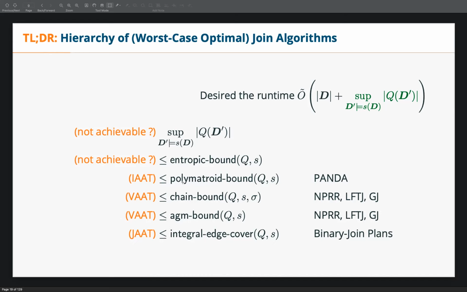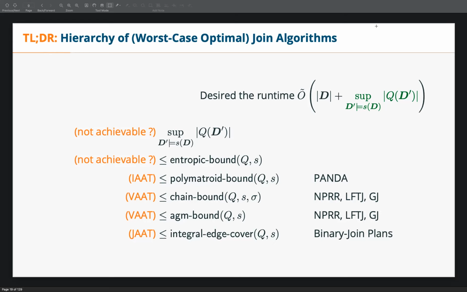If the bound is equal to the green quantity, then that algorithm would be worst case optimal. So the question is really: for which class of queries and for which class of statistics do we have the bound being equal to the green quantity?